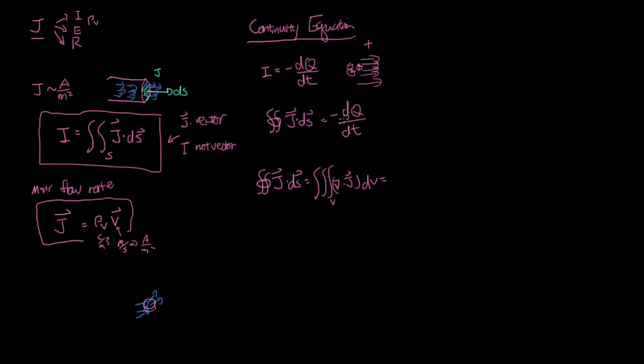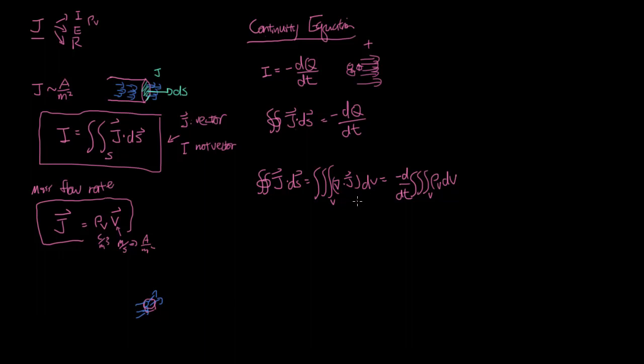On the right-hand side, we have the minus time derivative of Q. Another way we can rewrite the total charge is as the volume integral of the charge density.